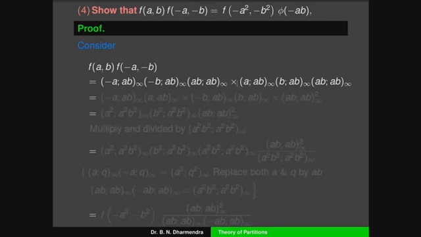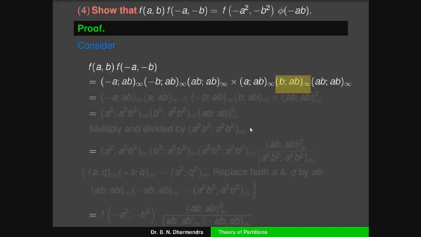The second one, when I replace the value of a by minus a and b by minus b, so that is ab infinity, b ab infinity, ab infinity. So we collect the first two terms, that is minus a ab infinity, ab infinity, and collect the second term, that is minus b ab infinity, b ab infinity.